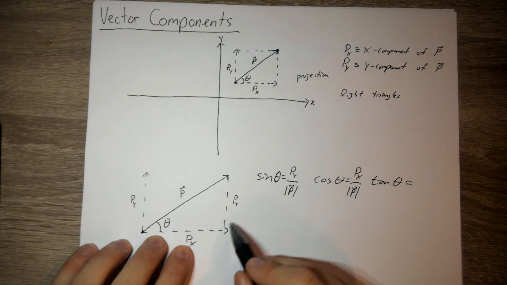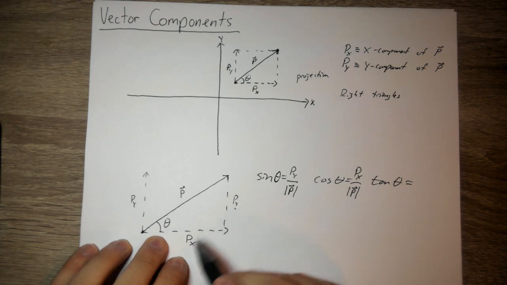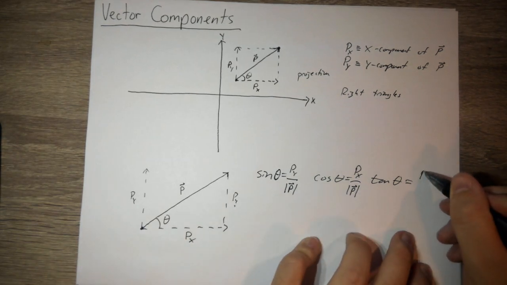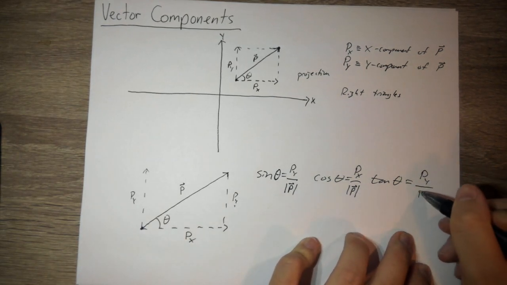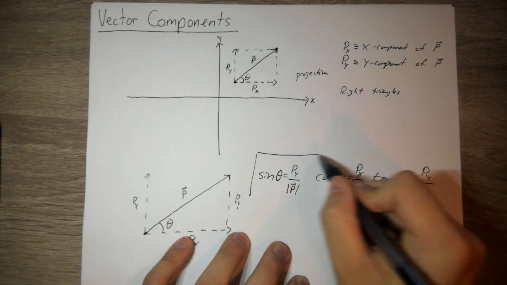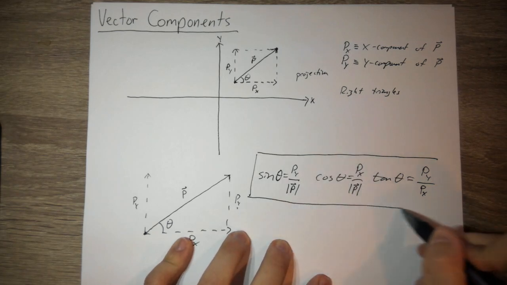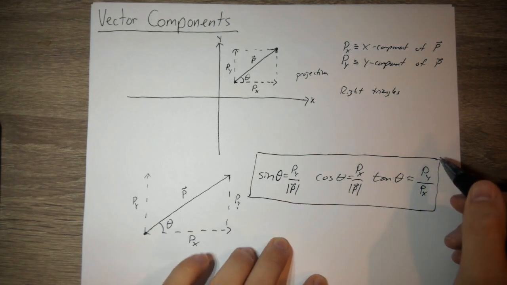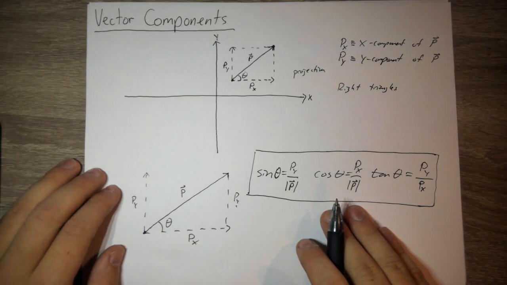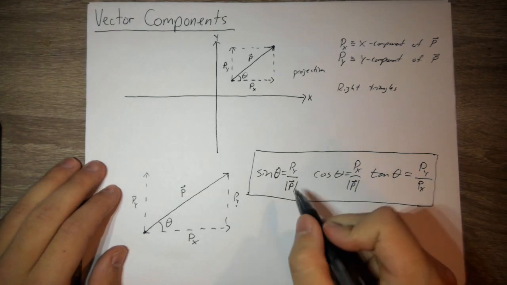And then tangent is the opposite over the adjacent side, so you get py over px. So here we have, just using basic trigonometry, defined 3 equations for calculating a few things.